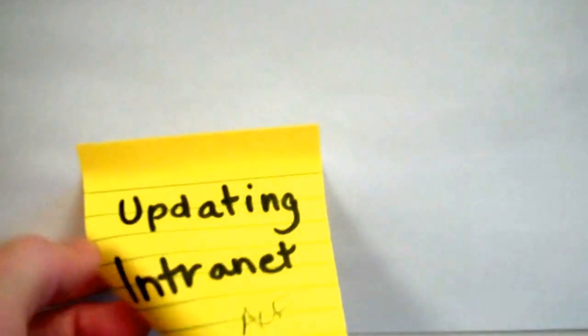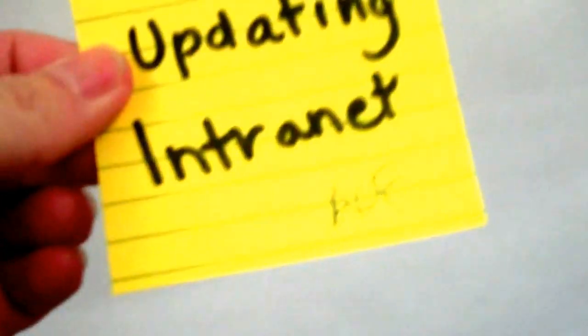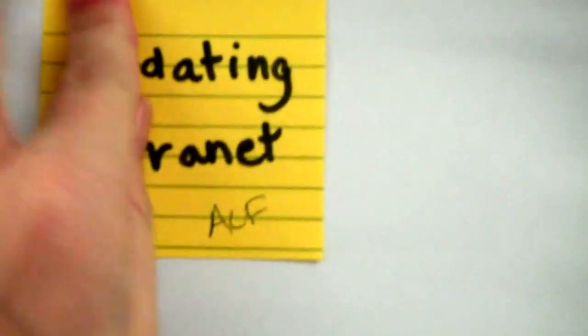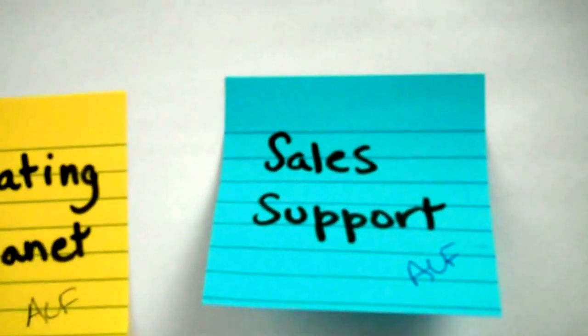But another one that maybe it's important, but I'm not doing as good a job on that, is updating the intranet. So making sure that our licensees have all the materials they need in the best time. And a task that's not getting done right now that needs to be is sales support, helping them put together proposals and understanding how to use the collateral in order to sell the RSI at Work course.